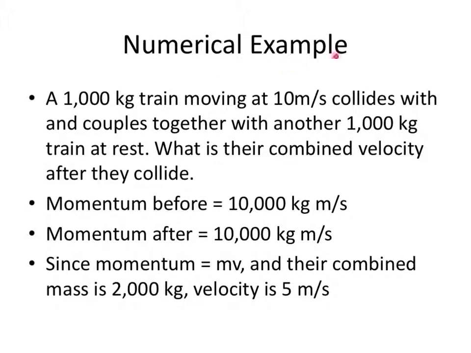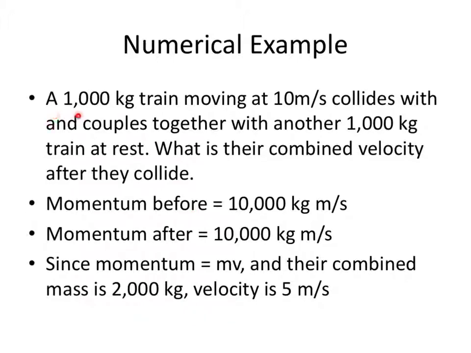All right, here is a pretty simple numerical example of the conservation of momentum. Let's say that you had a 1,000 kilogram train and it's moving at 10 meters per second. It collides and couples together with another 1,000 kilogram train, which is at rest. The question is, what is their combined velocity after they collide? So the way you would approach this problem is you would start off by calculating the total momentum before the two trains collided.